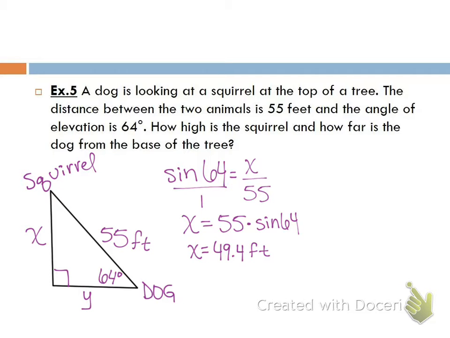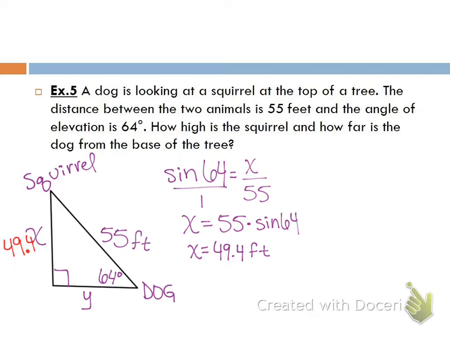Okay, we still want to know how far the dog is from the base of the tree. Now, when you do these problems, and we'll talk about this more later probably, technically there are a couple different ways that you could figure out the last side. What's one way that we've already learned before we talked about trig functions that you could find the missing side of a right triangle?